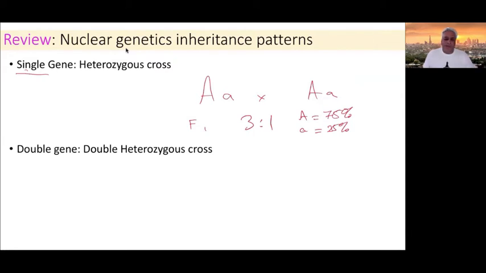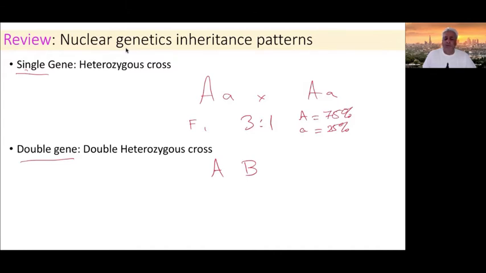Then, as Mendel did, he moved on to looking at 2 genes at the same time, a dihybrid cross. So that's a double gene, and we represent that by picking 2 letters out of the alphabet, gene A and gene B. And we study both genes at the same time.